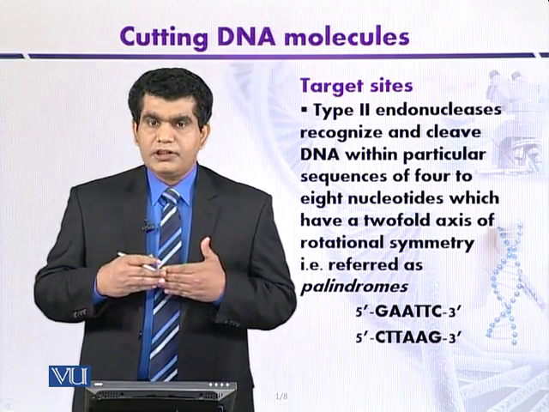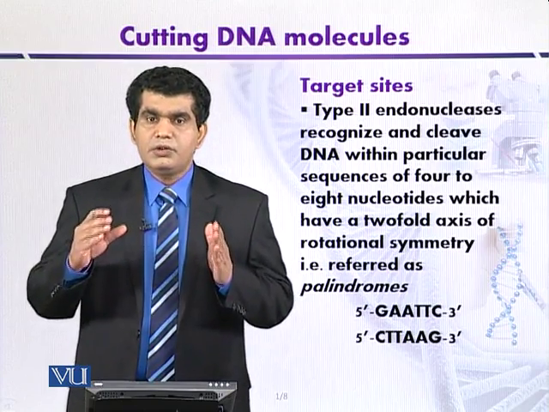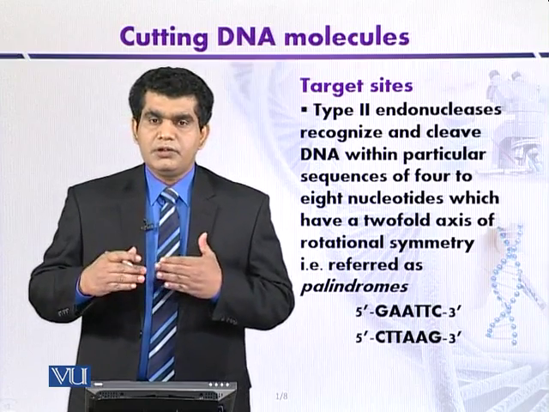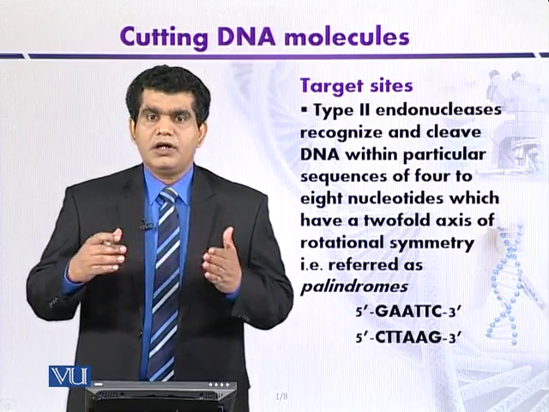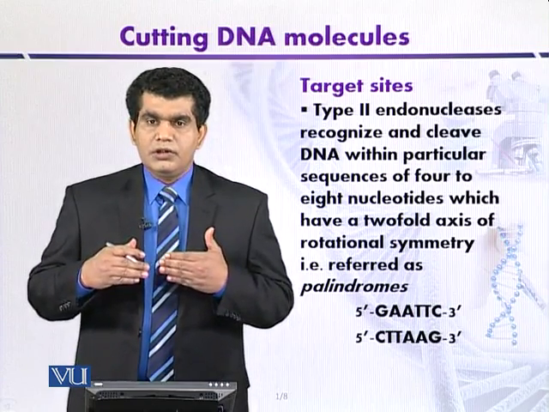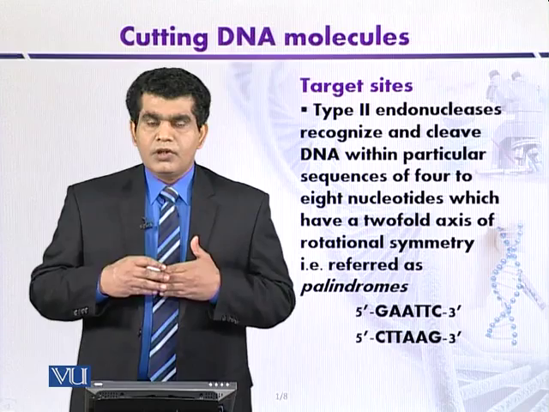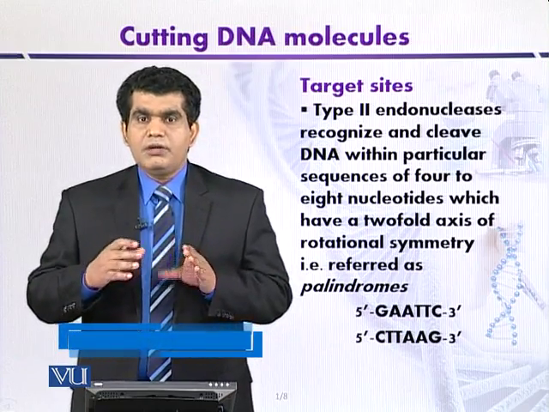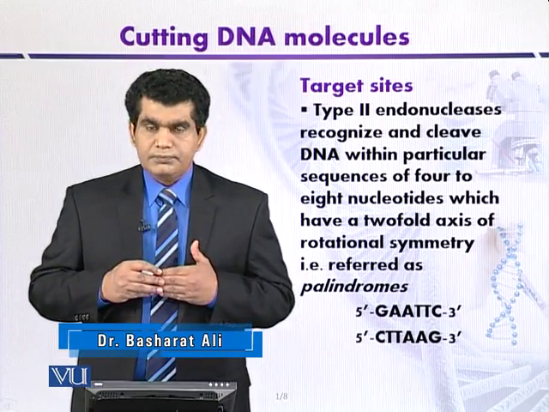Simply we can say that they recognize nucleotide sequences at specific sites, either 4 base pair, 3 base pair or 6 base pair long, that have rotational symmetry or palindromic sequences.